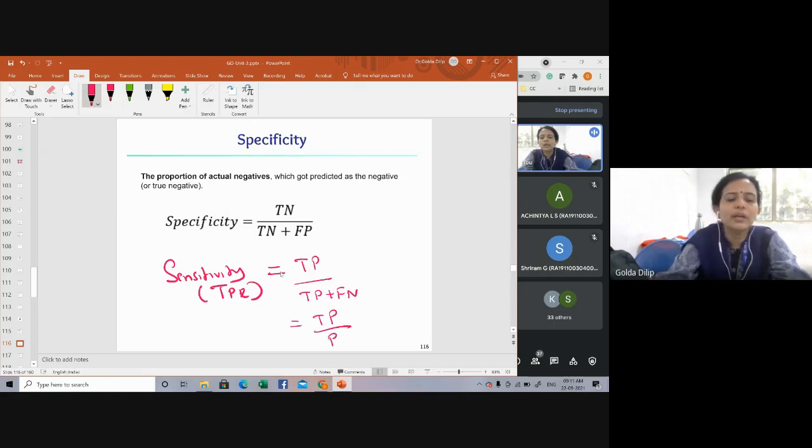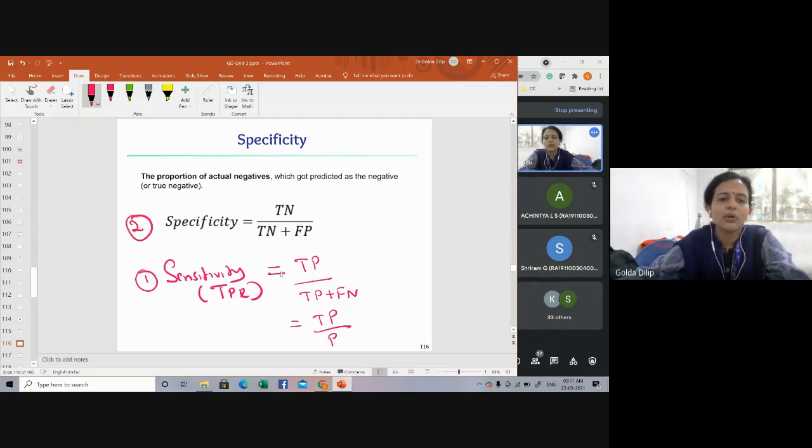Similarly, we have another related concept called specificity. This is the true negative rate, TNR: the proportion of actual negative cases which are correctly identified, that is, which got predicted as negative.